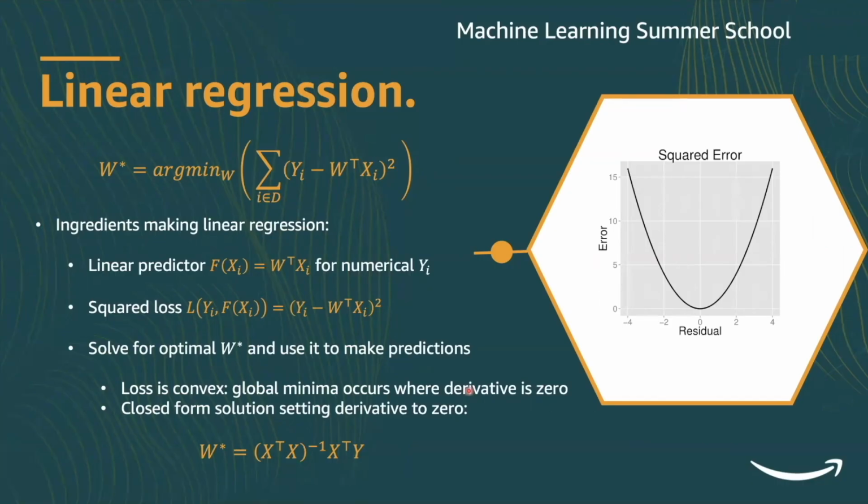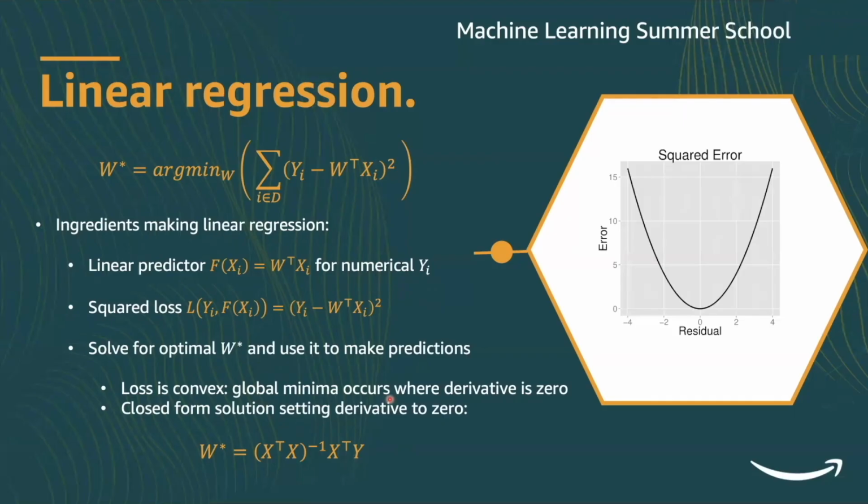Or to put it another way, if you can find a point in the parameter space where the derivative of the function is 0, that is sufficient to say it's going to be the global minima of this function. There are no such things as saddle points for convex functions.